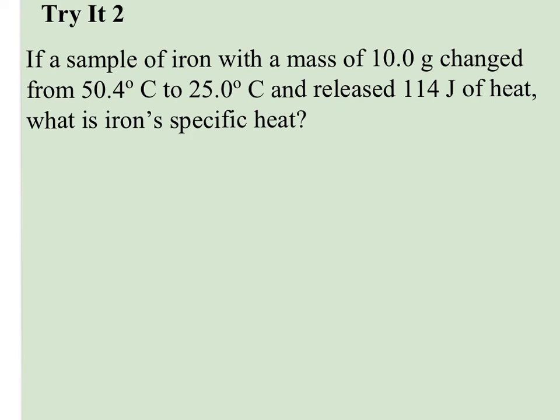Here's a second one for you to try. A sample of iron with a mass of 10 grams changed from 50.4 degrees to 25 degrees and released 114 joules of heat. What's the specific heat? So again, delta H equals MCAT.